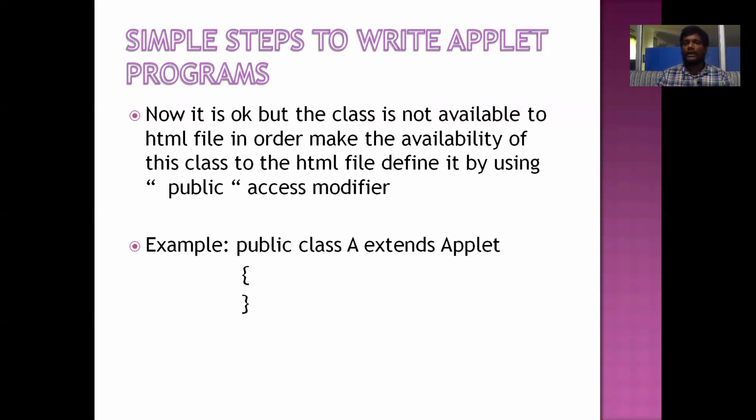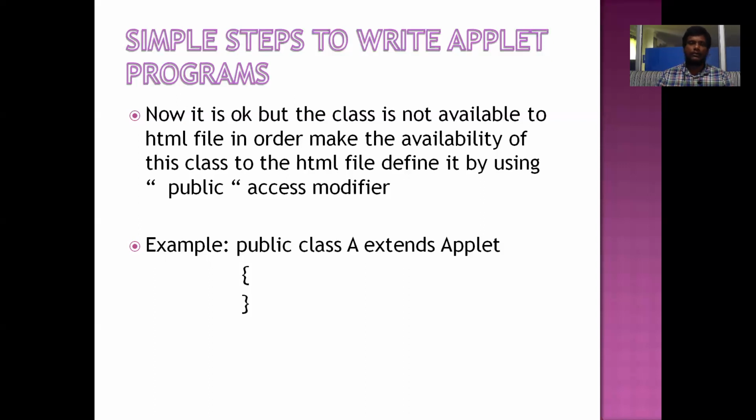We have to provide the .class file to the HTML file while executing the program. Just defining class A extends applet will not make this Java program available to the HTML file, so we have to use the public access modifier.